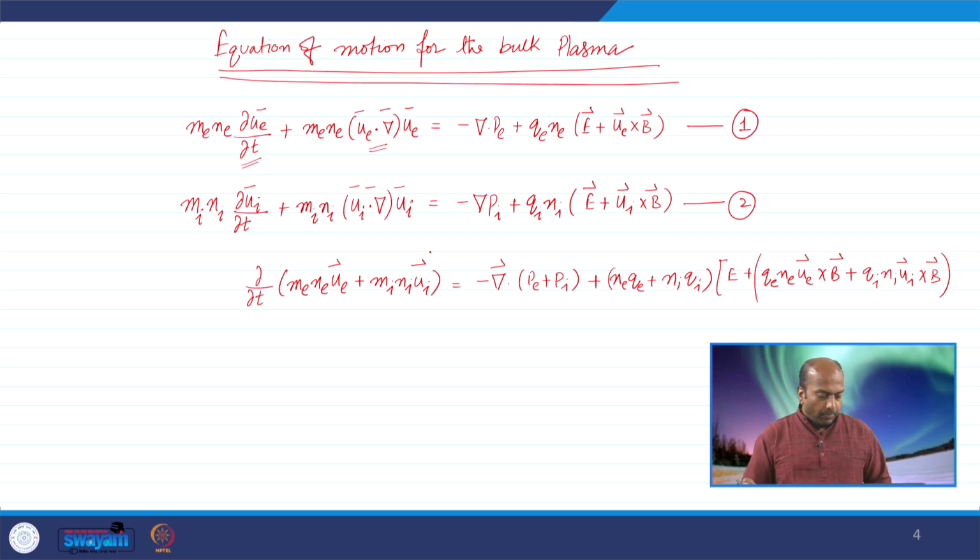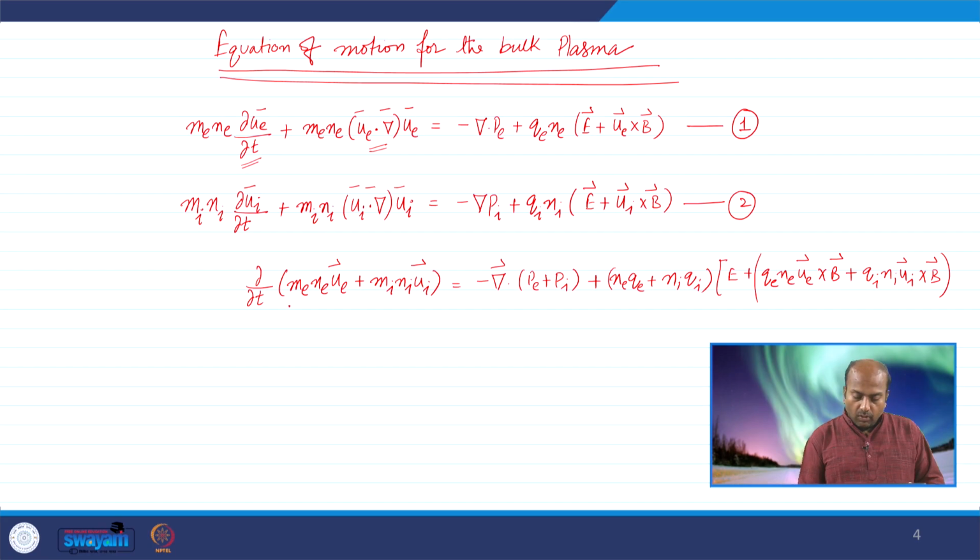Fine. So I think what I have missed in between is that I have neglected the advection term, assuming that it will be very small in comparison to the variation with respect to time, or the velocity is not changing much with respect to the position. Okay.